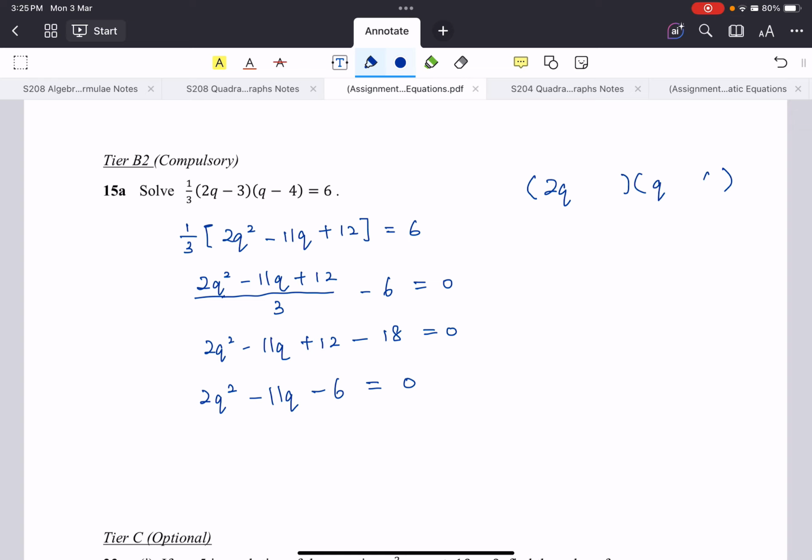I could put 6 here and 1 here, and I want negative 11. That means this will be negative, this will be positive. So 2q plus 1 equals 0, or q minus 6 equals 0. q equals negative half, or q equals 6.